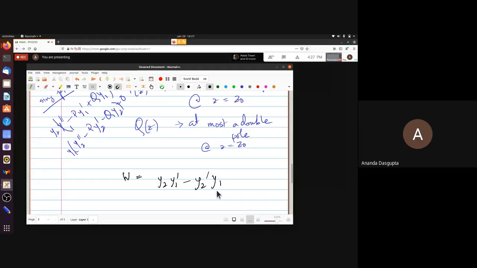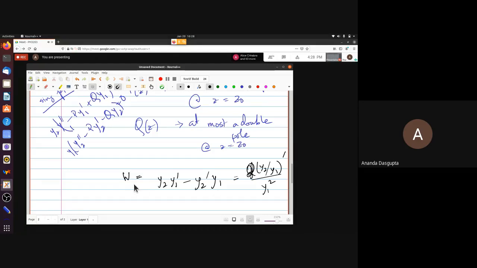The important thing is, if you know the Wronskian, then because the Wronskian is really the derivative of (y2 by y1) times y1 squared, that's something you can easily see.